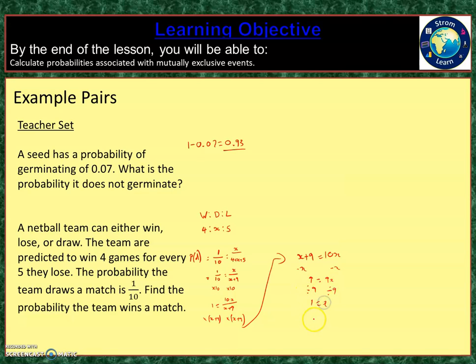1 equals X. And if the probability of drawing was 1/10, we started at the beginning, and we've got the X as 1, so we can now put in our ratio 4 to 1 to 5, and then we can see the probability of winning is 4 wins out of 10 matches, because 10 is now the 4 plus 1 plus the 5.